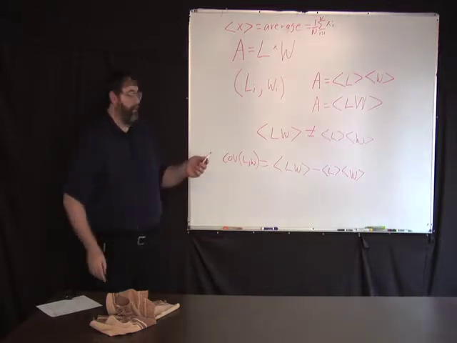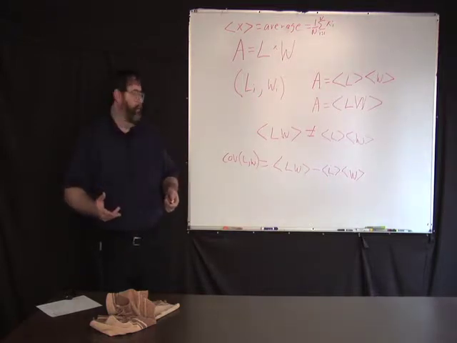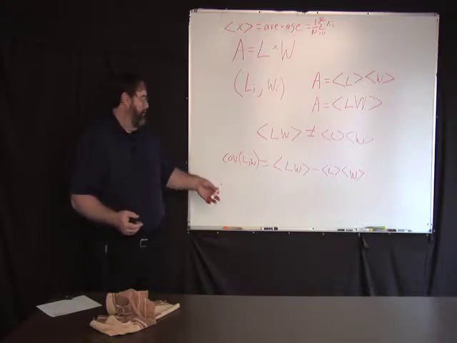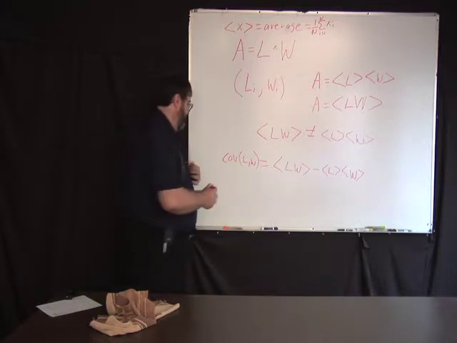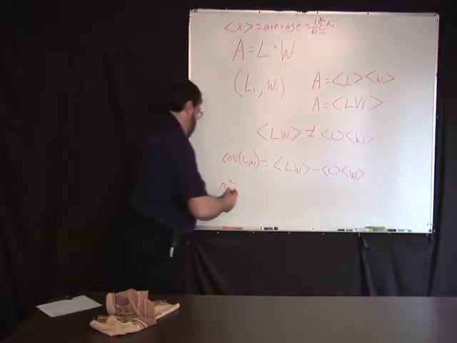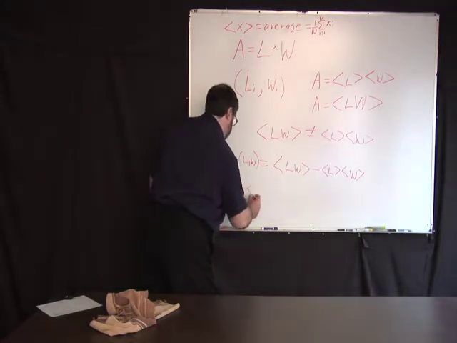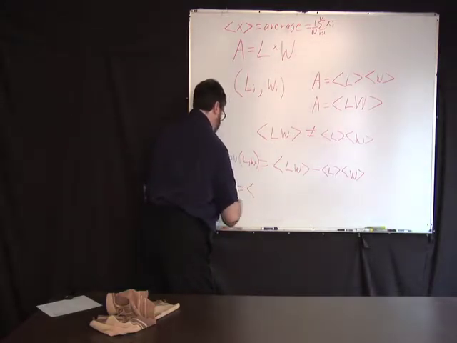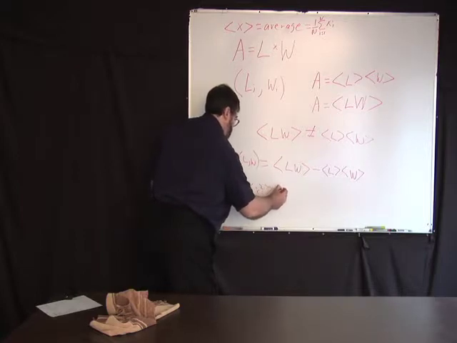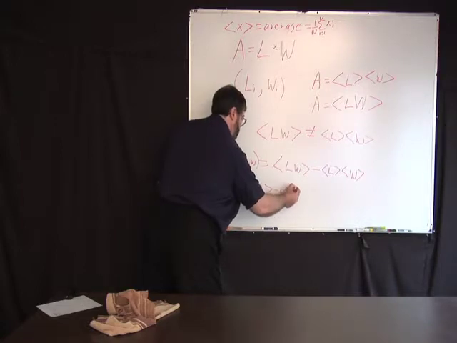Now, those of you who know the variance, it might be interesting to find out that the variance, or the standard deviation squared, is, for a quantity x, let's say, the mean value of x squared minus the square of the mean value of x.